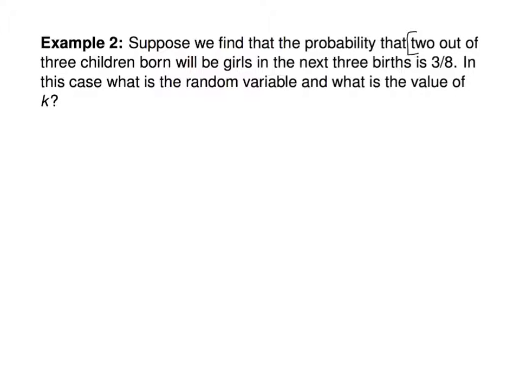In the next 3 births, we care about how many girls there are, right? So our random variable X is the number of girls born in the next 3 births.